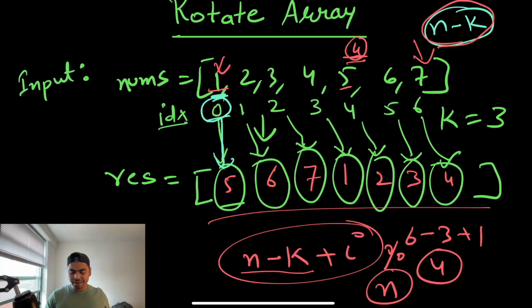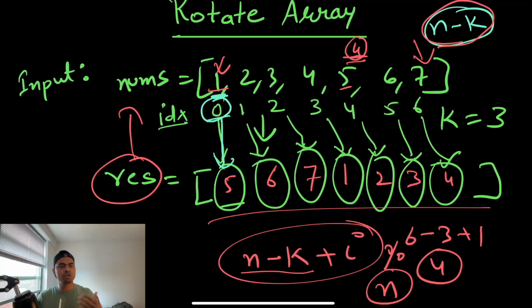So this is the brute force approach, and then you can assign these values to nums, because they're asking us to do it in place.